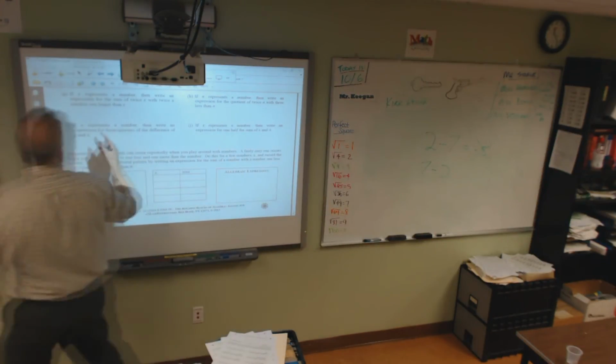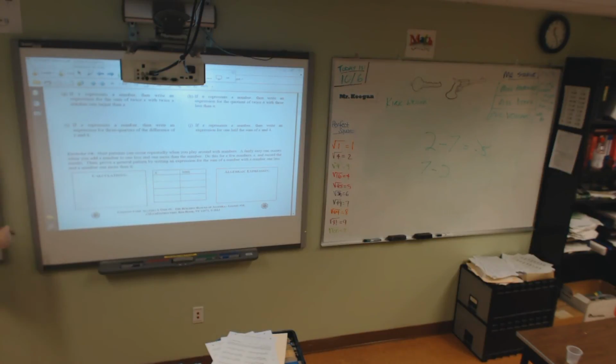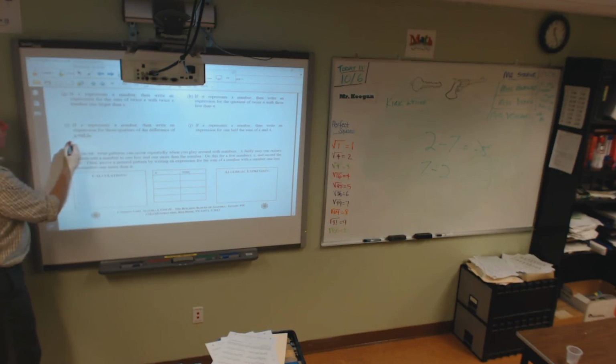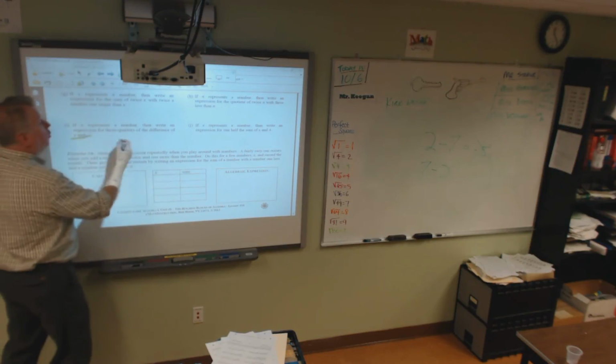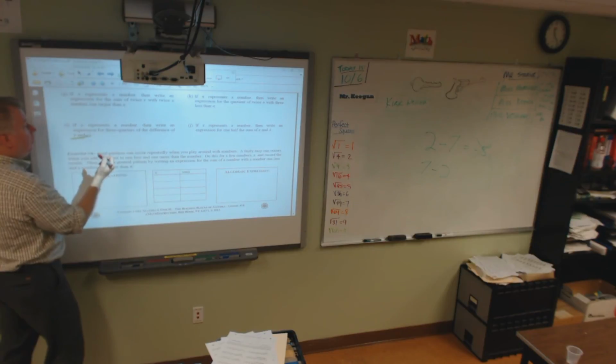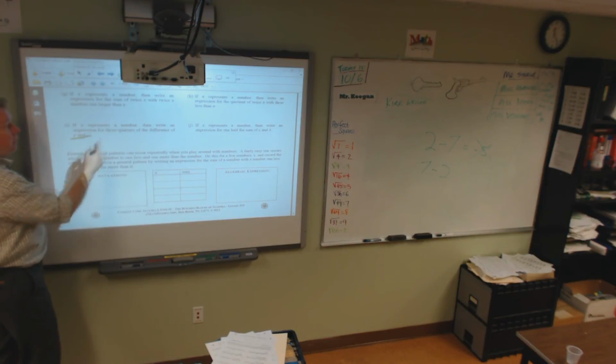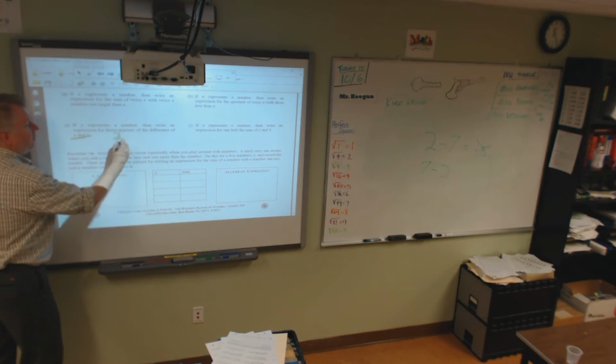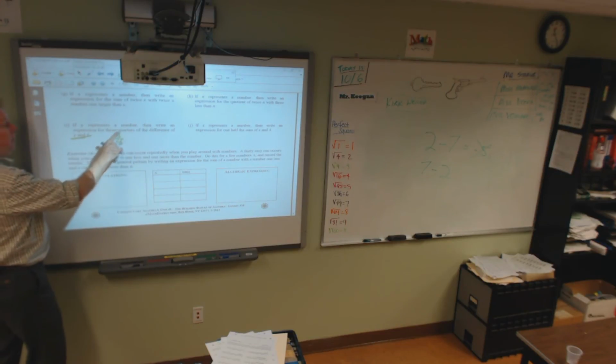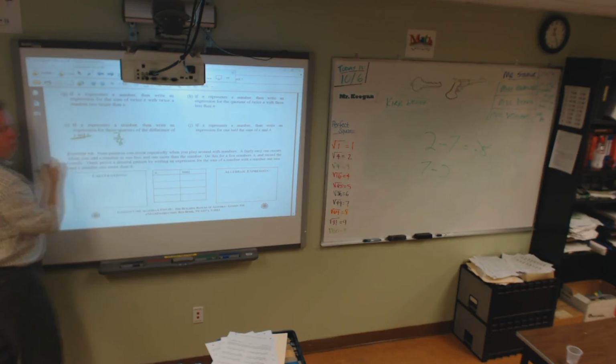If y represents a number, then write an expression for 3/4 of the difference of y and a. Quarters is division. 3/4 is a fraction. How do you write 3/4? 3/4 of the difference of y and a.